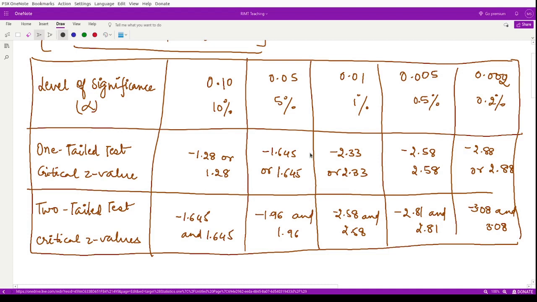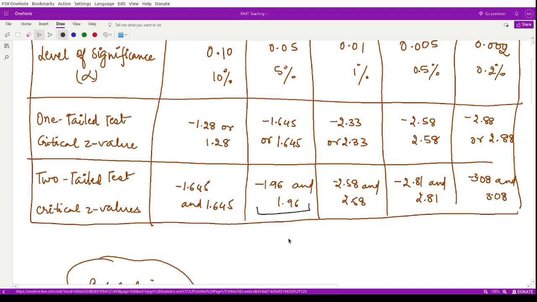If you look at the table of level of significance for z values, the value at 5% level of significance for a two-tail test, because your hypothesis is stated in this way, is the range minus 1.96 to 1.96.